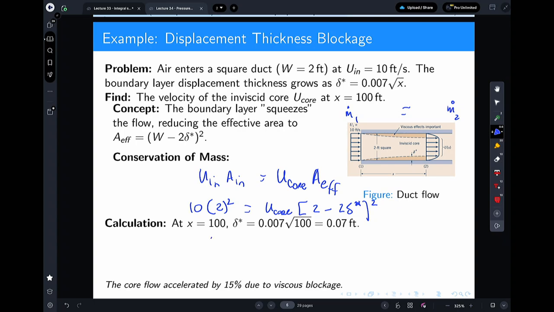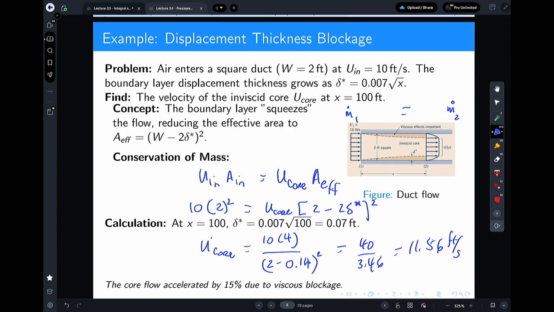At x equals 100, delta star is 0.07 feet, and U core is equal to 10 times 4 over (2 minus 0.14) squared, which equals 40 divided by 3.46, which is 11.56 feet per second.